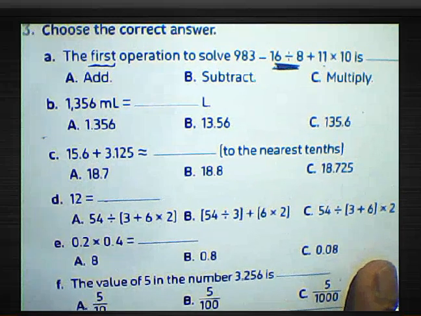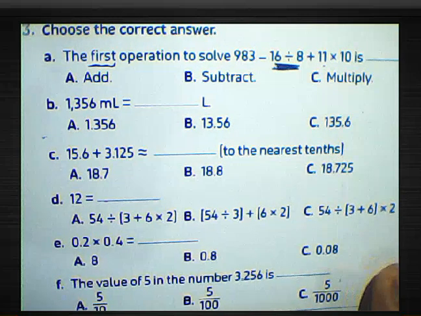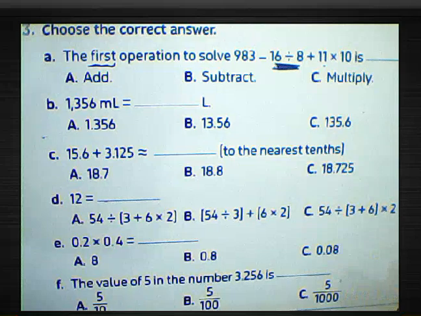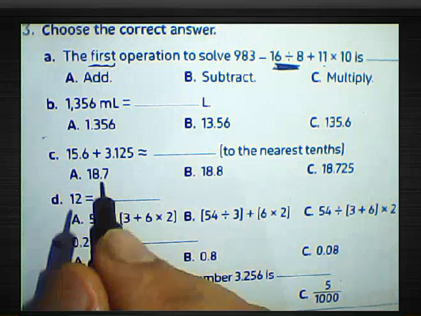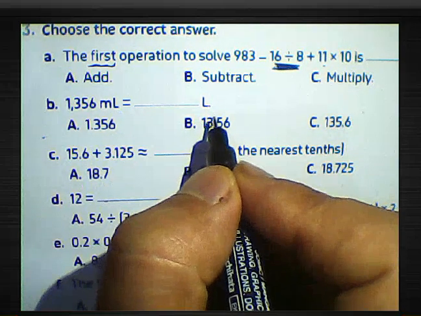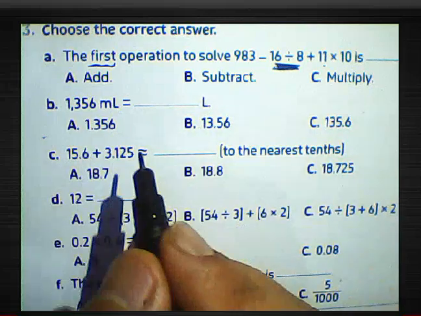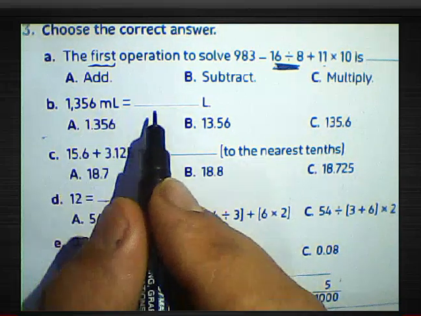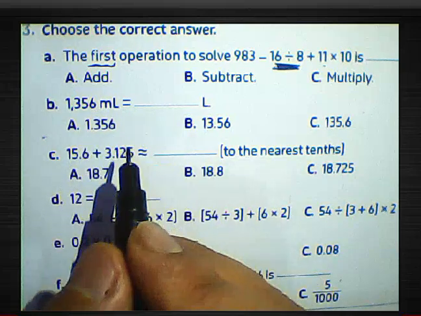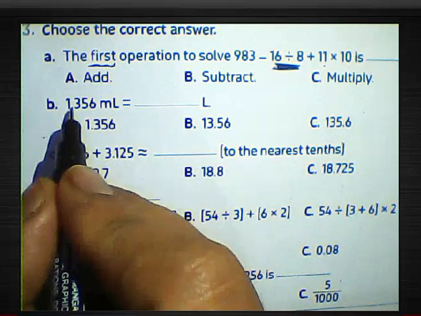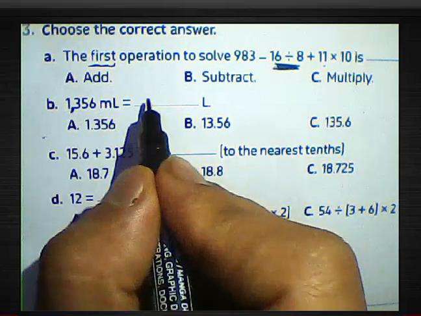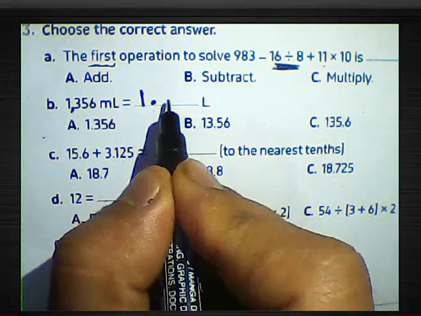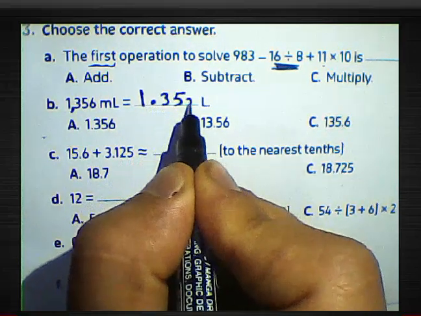Okay, letter B. 1356 milliliters to liters. We know 1 liter equals 1000 milliliters. So in this example, we find the result by dividing by 1000 to convert from milliliters to liters. So the point will be after 3 digits. It will be 1.356.